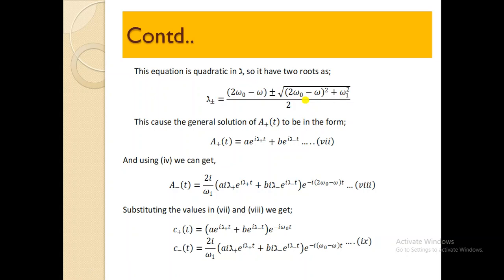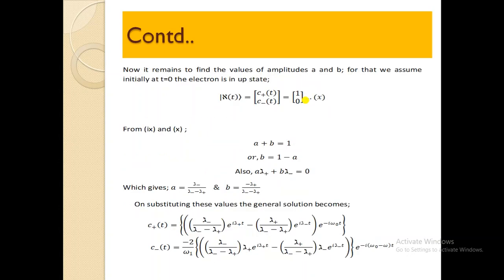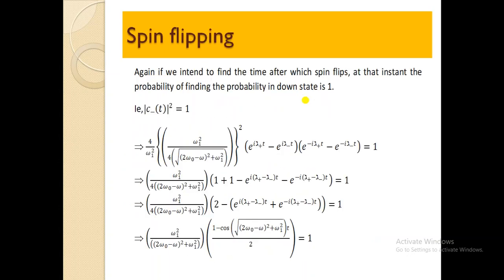Omega 1 square divided by 2. Sorry, 4 omega 1 square divided by 4, 2 into 2 became 4 in the denominator, so it became omega 1 square upon 4.